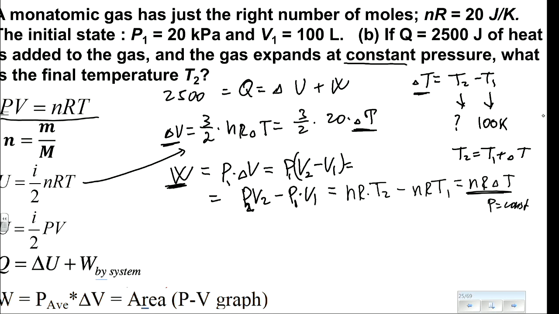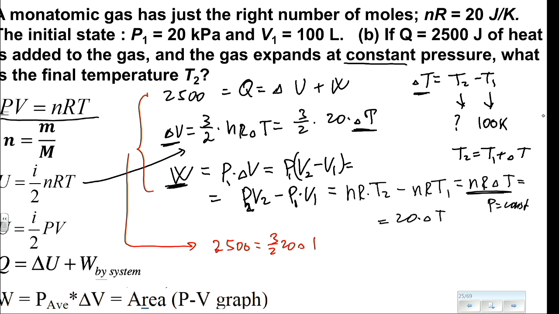Still, we have 2 unknowns. Well, this is 20 times delta T. But now we can combine all these 3 equations together. 2500 should be equal to delta U equals, well, let's write it, delta T. Work is equal to delta T. Delta T is the common factor.